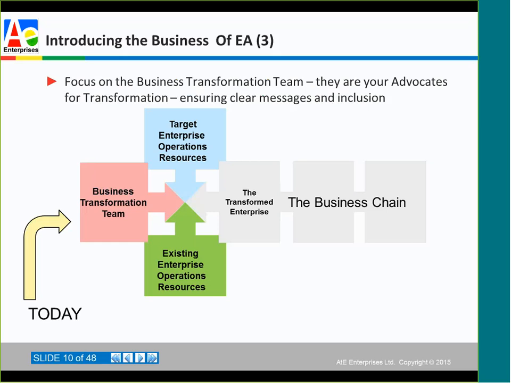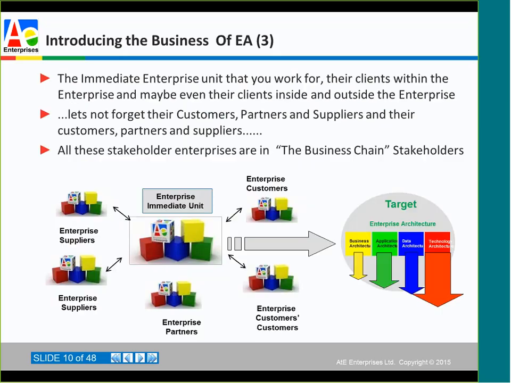So firstly, we ask the question, who is the business chain? Well, you, the enterprise architect, will work in some way for the immediate enterprise unit that is sponsoring the architecture. They will have clients either internally or externally to their enterprise, and their customers and partners and suppliers.